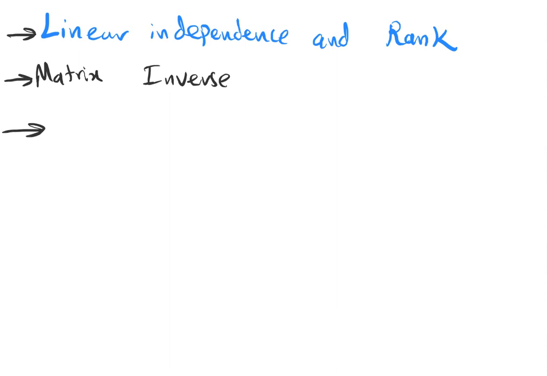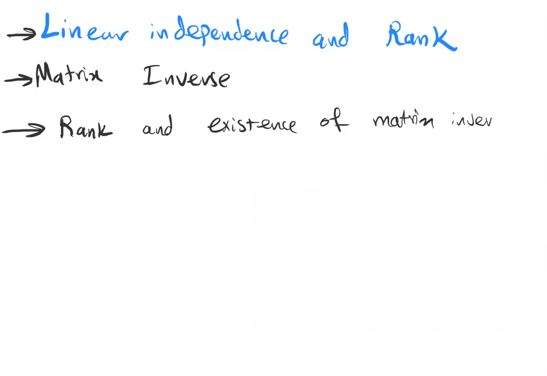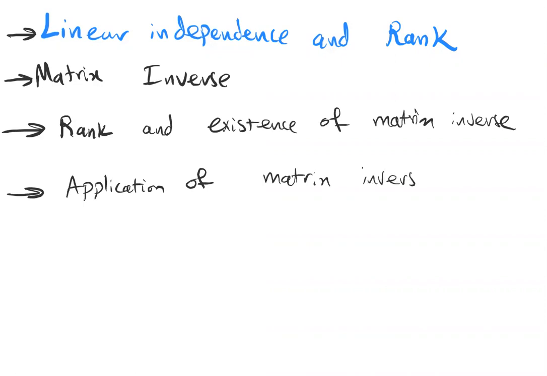After that, we talked about when matrix inverse exists and when it doesn't, the relation between rank and existence of matrix inverse. We also talked about an application of matrix inverse.